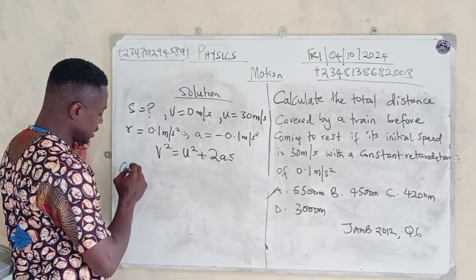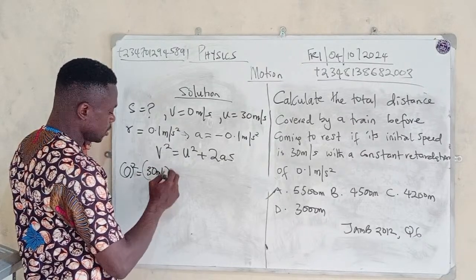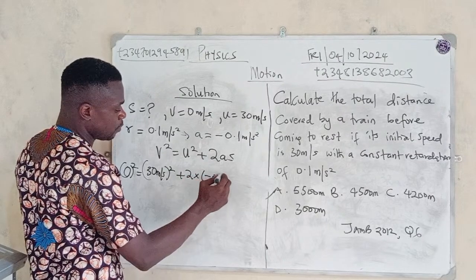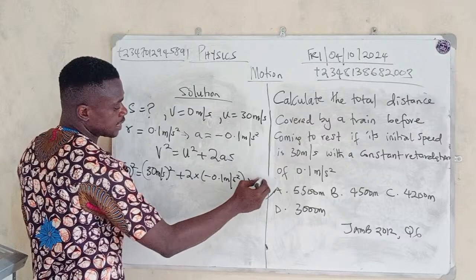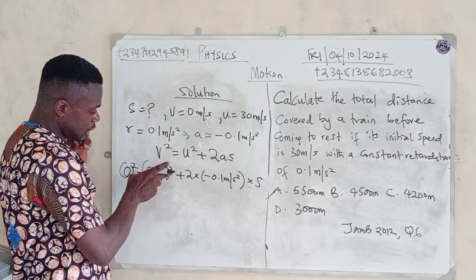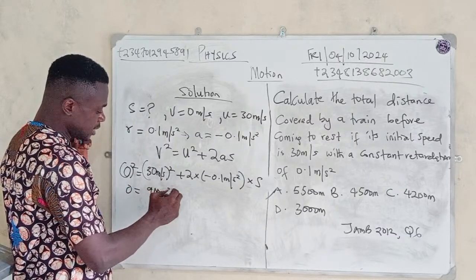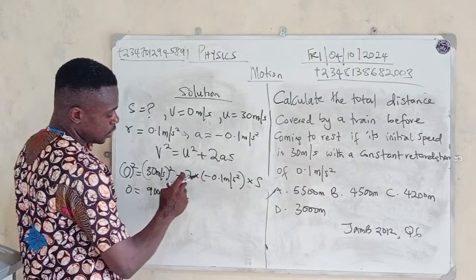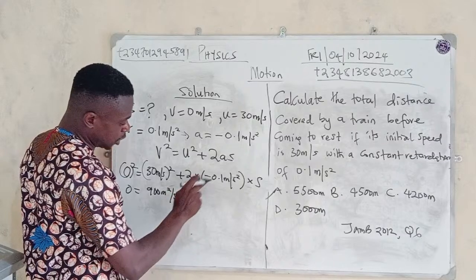0 squared is now equal to 30 meters per second squared plus 2 times acceleration, minus 0.1 meter per second squared, times the distance we are looking for. Here is 0, so 0 is equal to, if you square this, 900 meters squared per second squared, plus, if you multiply everything here, this plus will change to minus because of this minus here.